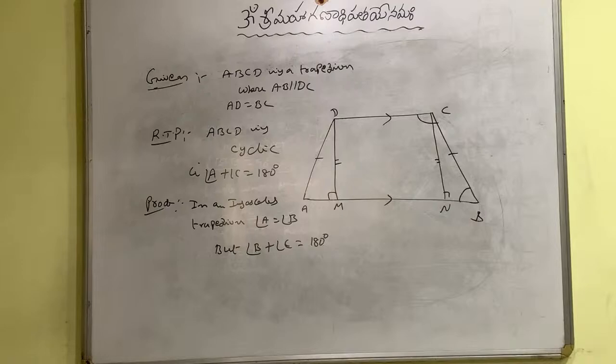Everyone is saying yes. Now you are saying no. Now everyone says no. What I am asking: in a trapezium or an isosceles trapezium, is the sum of any two adjacent angles 180? Is that right?